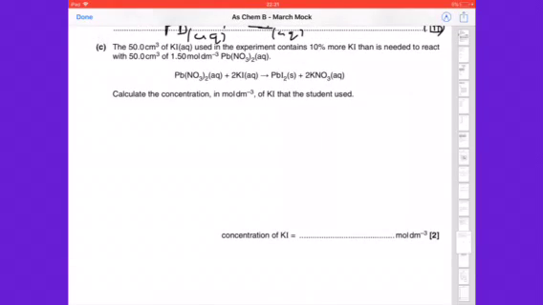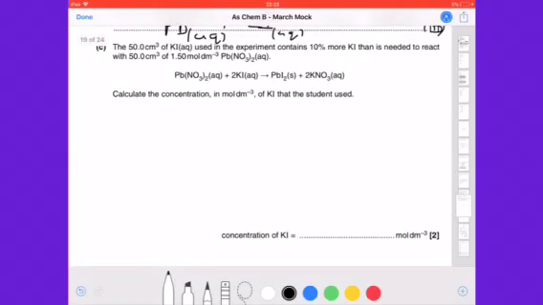Okay, the last part of the question is that you need to work out the concentration of potassium iodide, knowing that it was in excess by around about 10%. So for this question here, what we need to do is initially work out the moles of potassium iodide.